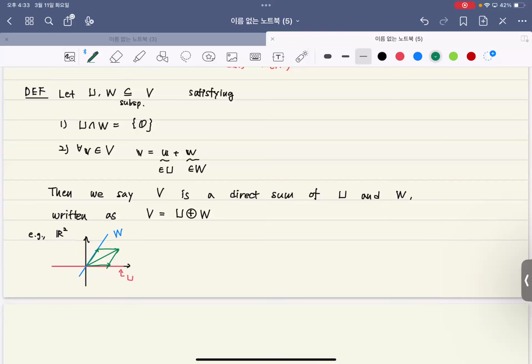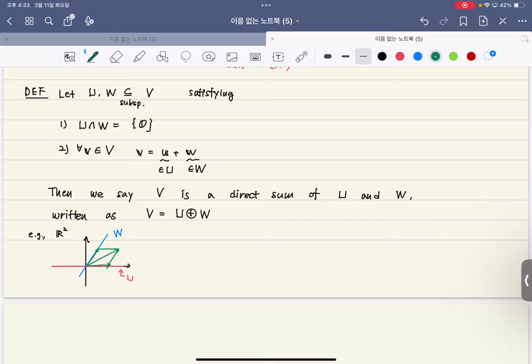But are U and W also orthogonal complements? No. Even though R2 is a direct sum of U and W, they are not orthogonal complements.